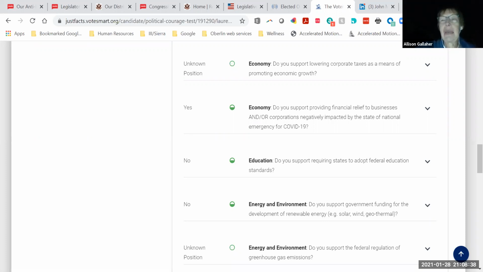What you probably can't see is that there's a little expand button over on the side. If you expand this and look at where they made this inference from, it's from a couple of tweets that she made. One is, I'm sick of debating stimulus packages, just let businesses reopen.